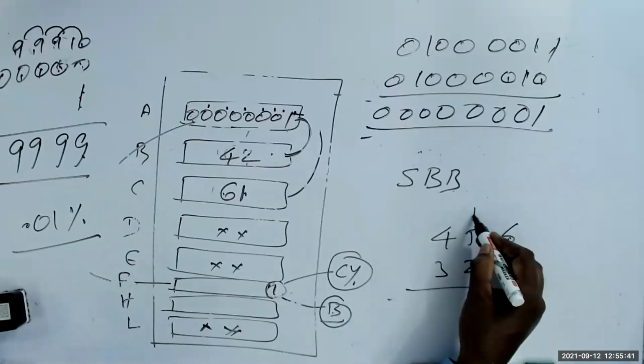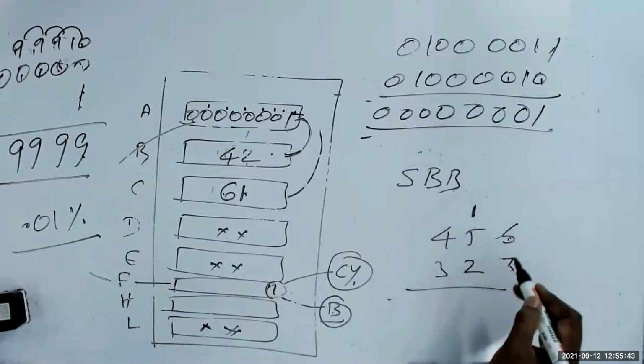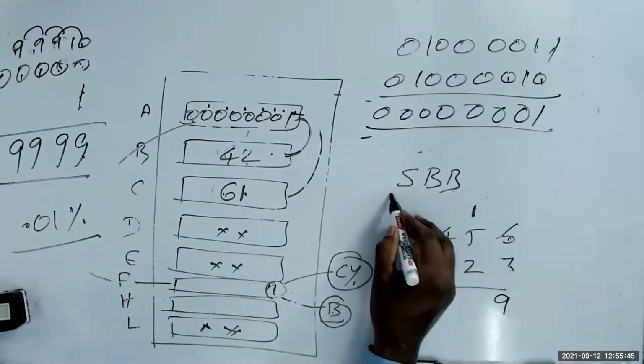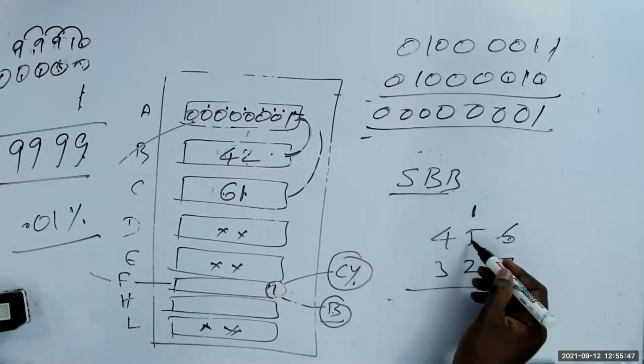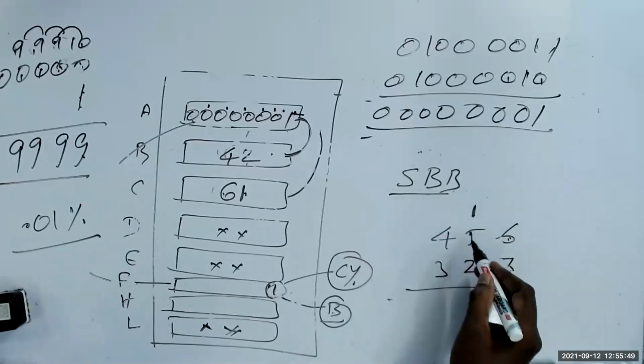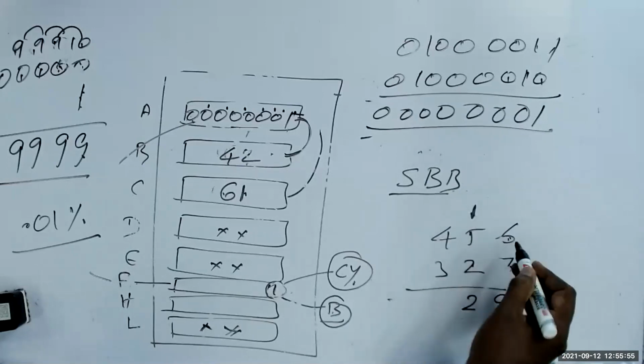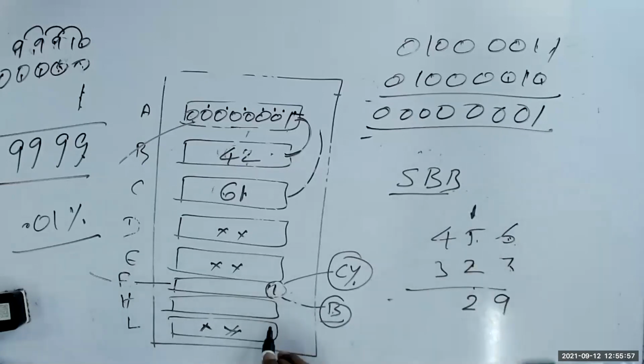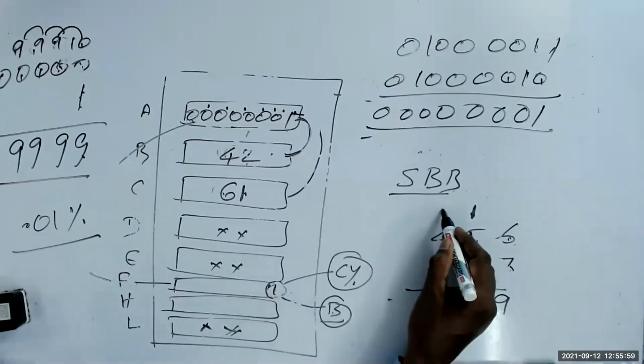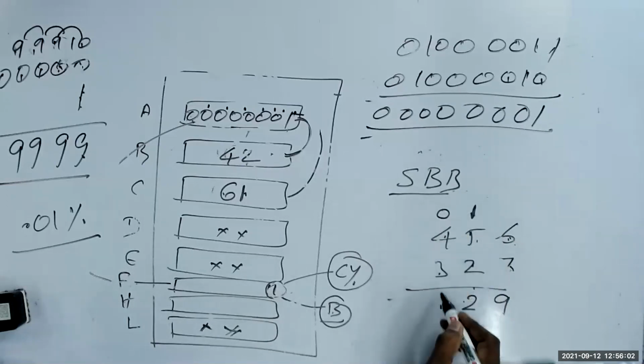So 1 is set here, you borrowed, and it becomes 9. When it says subtract with borrow, you now do 5 minus 2 minus 1, it becomes 2. You understand? Because you borrowed 1, that has to be subtracted here. Now you did not borrow, it becomes 0. So 4 minus 3 is 1.